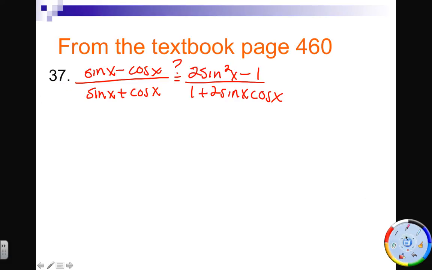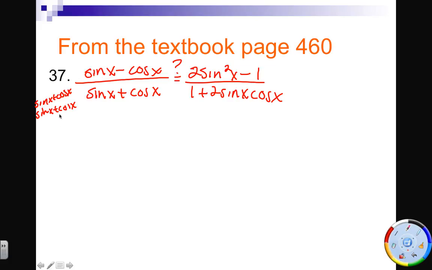So this is where you've got to start thinking to yourself as you get going here. So let's actually multiply by sine x plus cosine x over sine x plus cosine x.